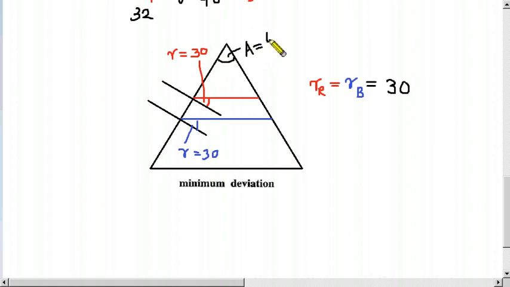So that is given as 60 and it is constant. How do you get this 30? You have to extend the normal lines like this, and you learn in the classroom that this angle is also equal to capital A. So these are equal since symmetrical.